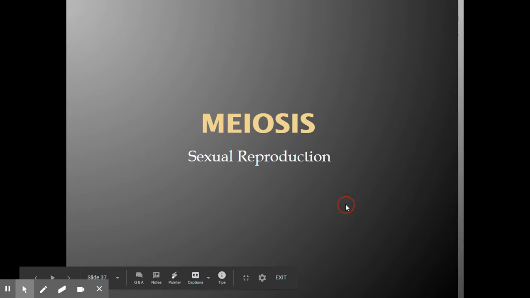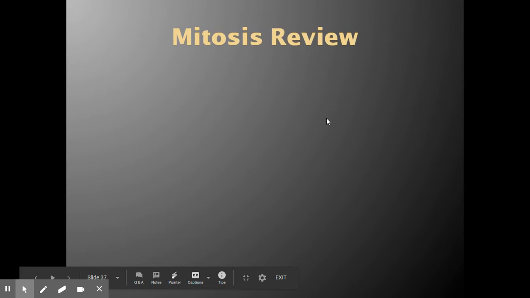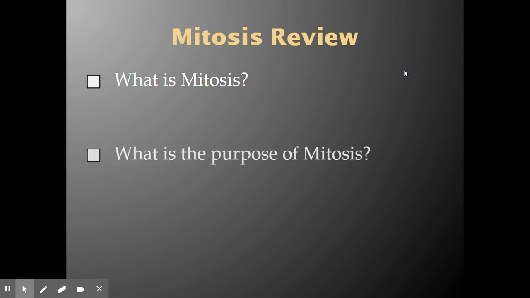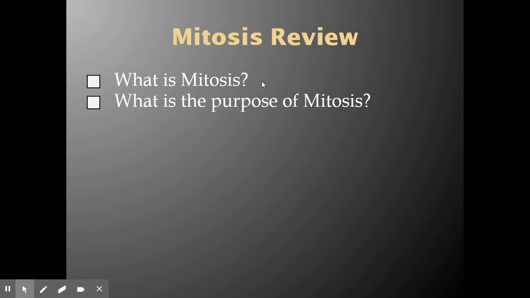So let's take a look at what that entails here. First I'm going to review what mitosis is all about before we get to the new stuff. So mitosis, what was it? Mitosis is asexual reproduction. It's where we had an exact cell being produced.